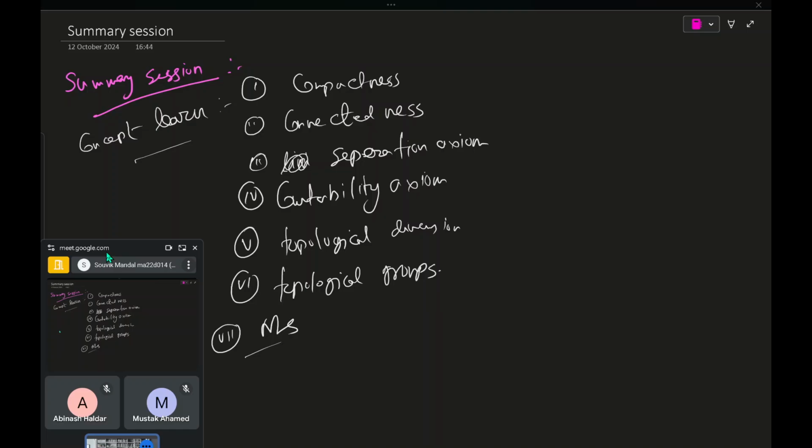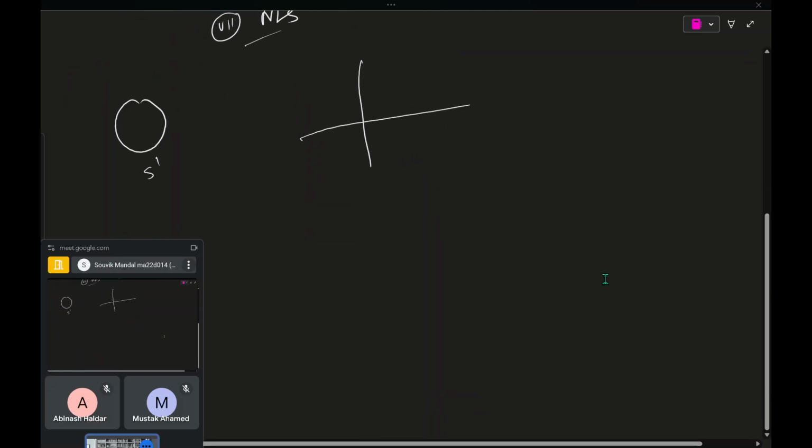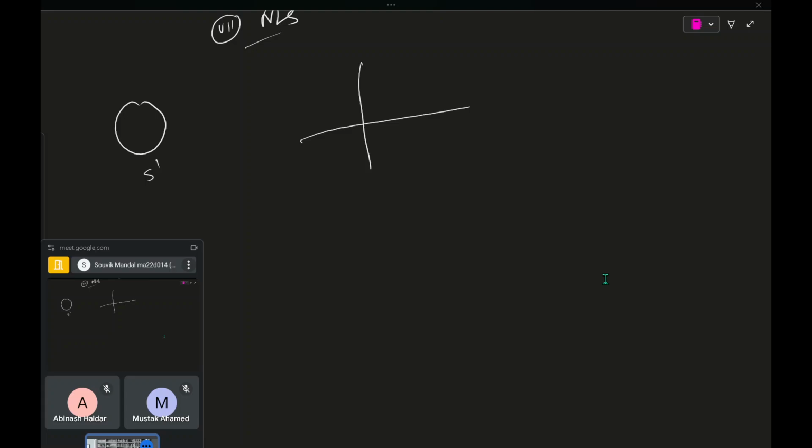So this is the circle, and this is the hyperbola. Now, why are they not homeomorphic? Suppose f is a homeomorphism.